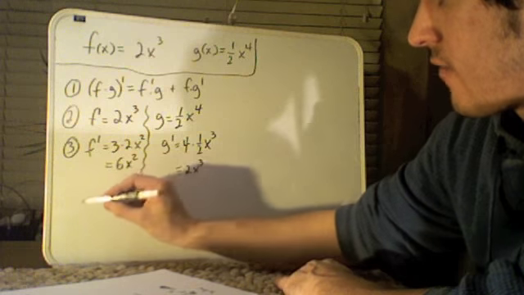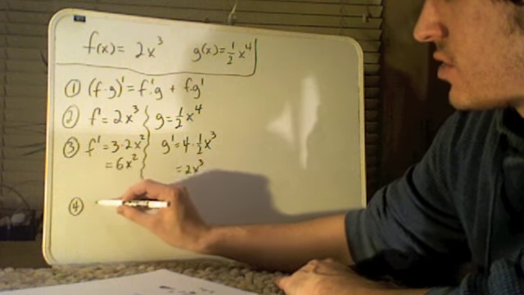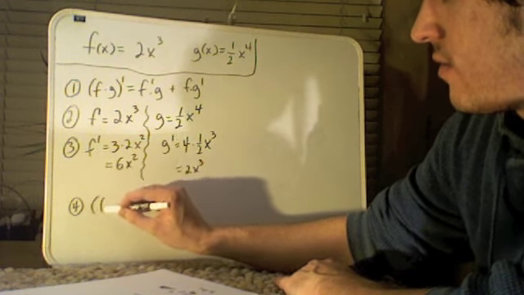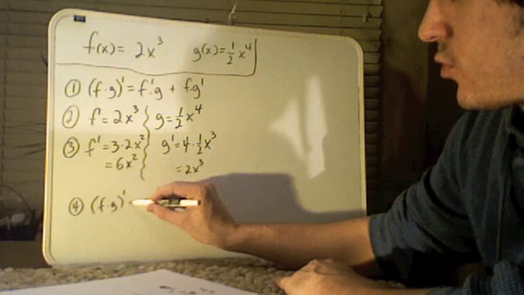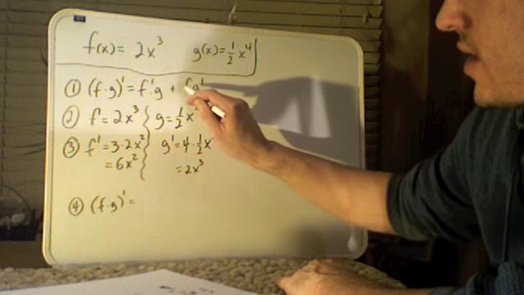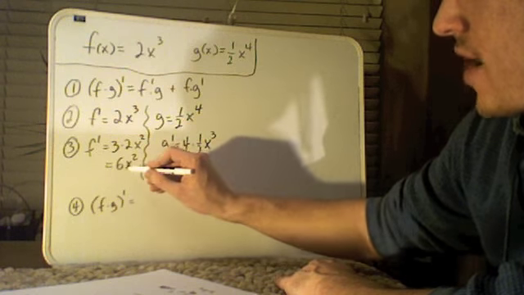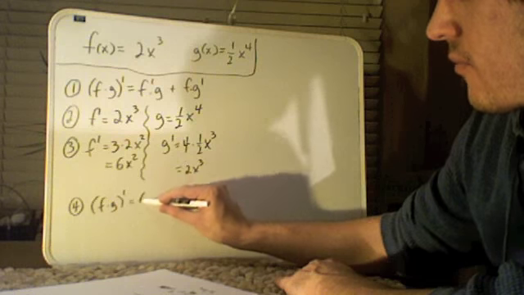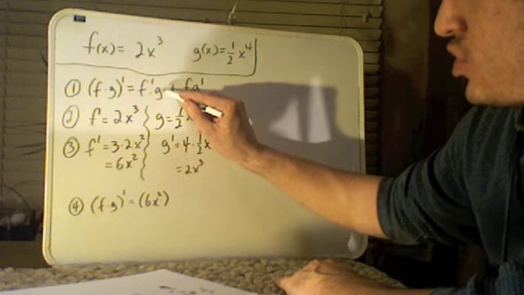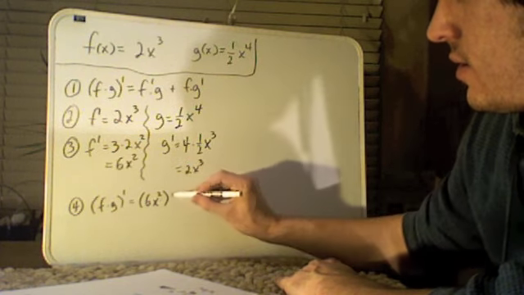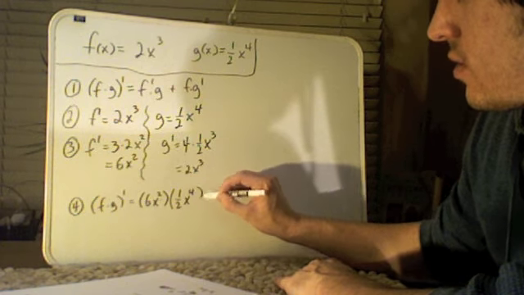All right, now 4. Plug everything in. So if I have f times g and I want to take the derivative of that, I plug everything in back to step 1. F prime, that's the first one up. What is f prime? F prime was this, 6x squared. 6x squared times g. G was that, 1/2 x to the 4th.